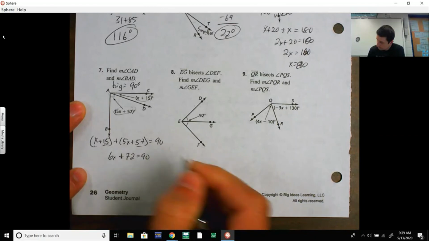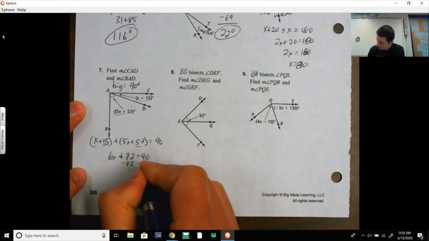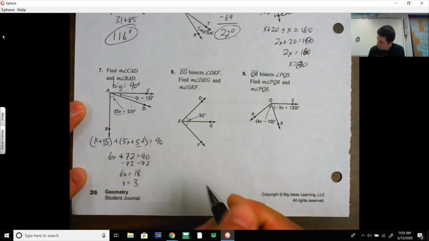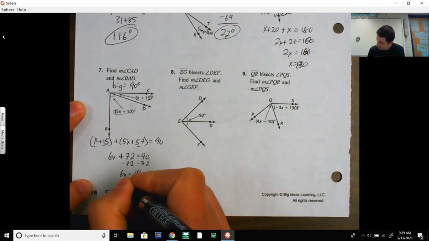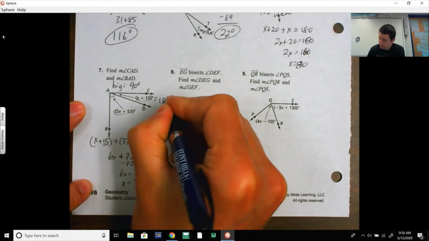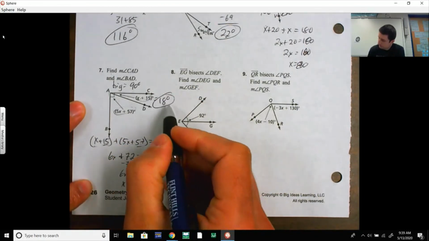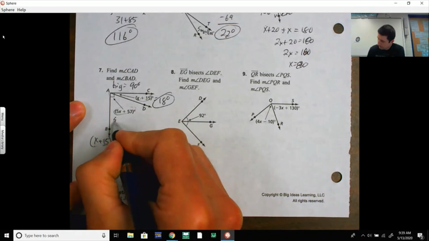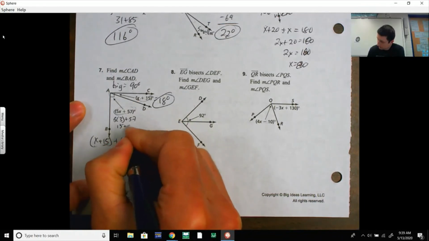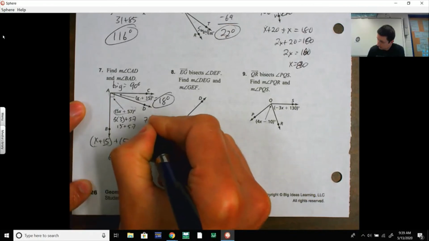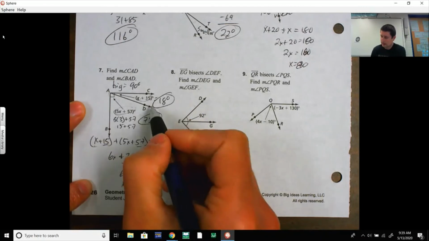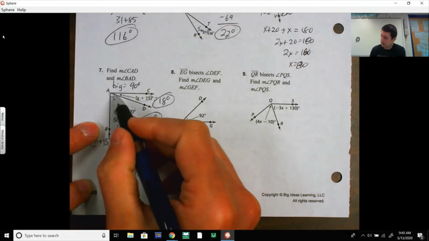That equals 90. So minus the 72, we get 6x equals 18, so x equals 3. If x equals 3, I'm going to plug it in here. 3 plus 15 is 18 degrees. 5 times 3 plus 57 is 15 plus 57, that would be 72 degrees. So 18 degrees for CAD, 72 degrees for BAD.